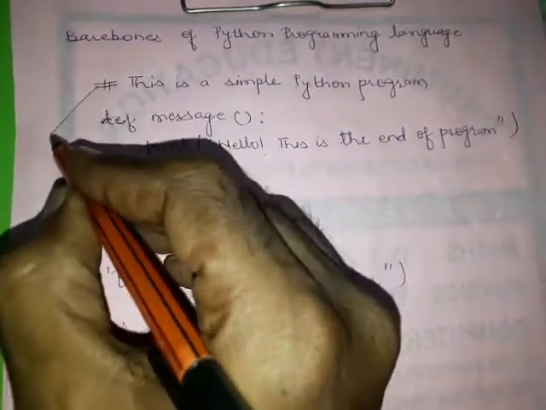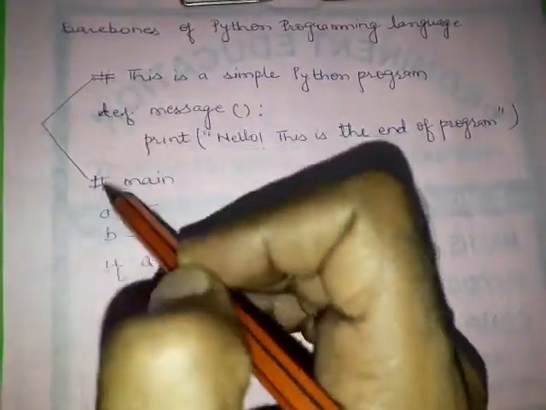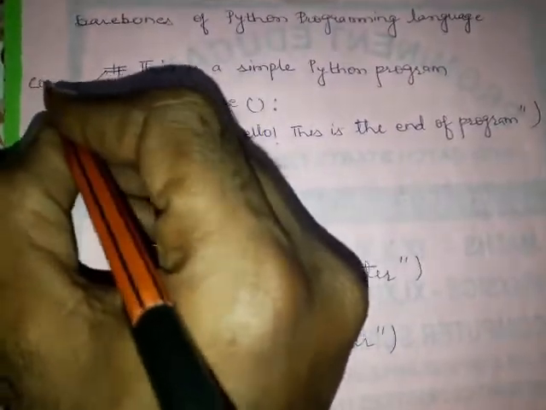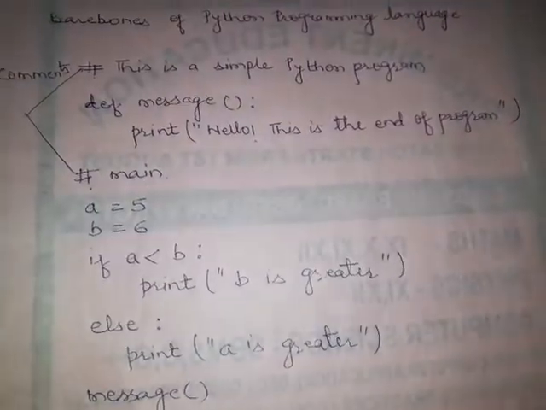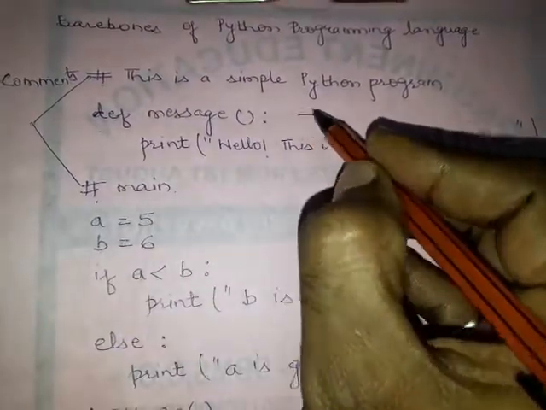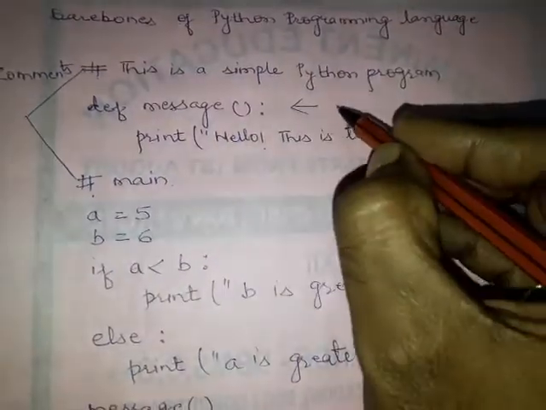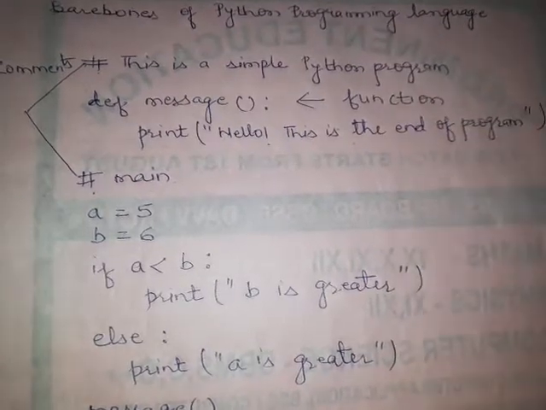Now I will show you what are the different parts. These two statements which I have written here, where I have made hashtag, this is a simple Python program, and main, these are the comments. Okay, I write this def message. This is called a function.